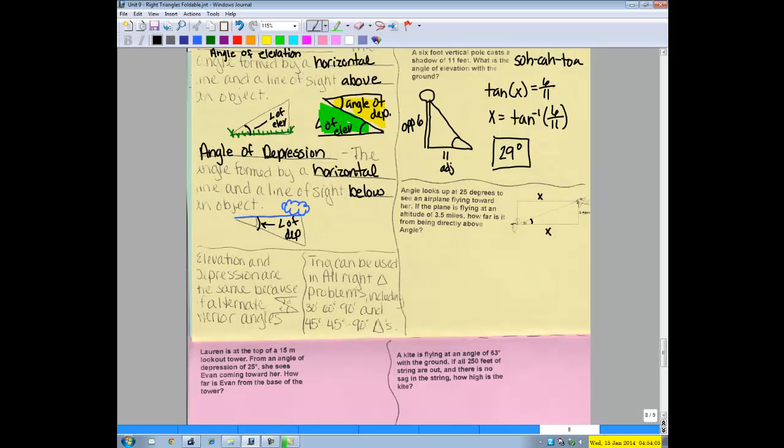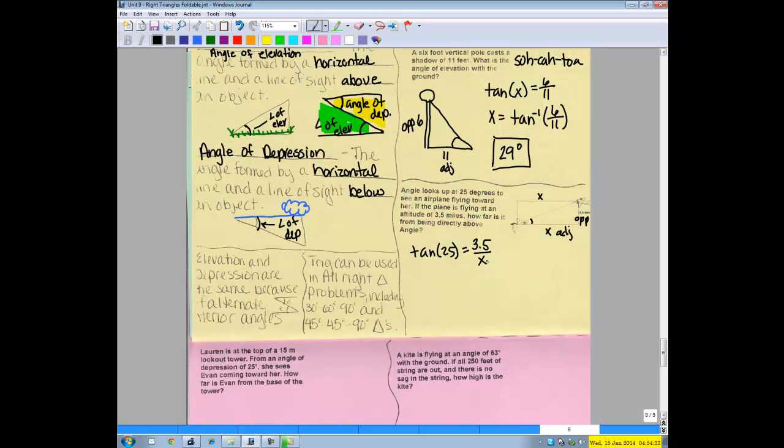So this side across from here is, of course, opposite. And this side right here next to the angle is, of course, adjacent. So which one uses opposite and adjacent? Tangent uses opposite and adjacent. So we're looking for the tangent of 25 is equal to, and tangent, of course, is opposite over adjacent, so 3.5 over x.